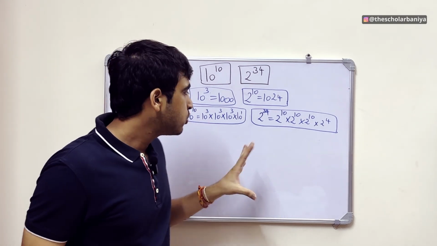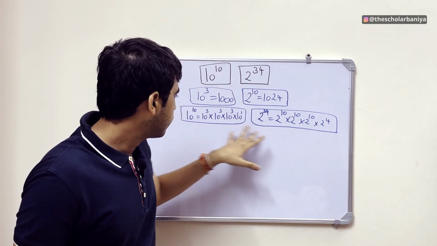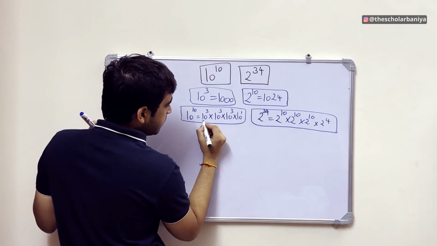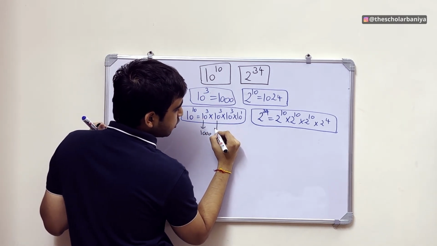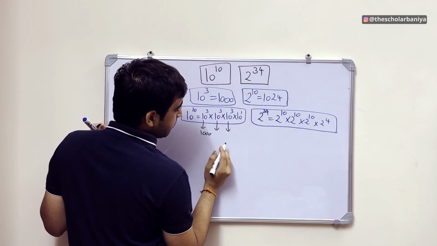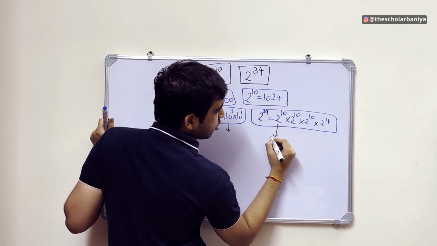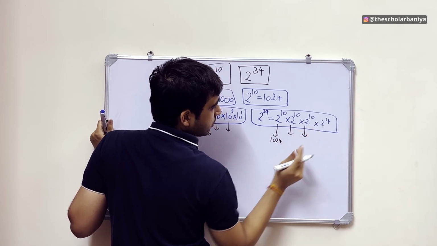Now, what I want you to do is just look at both of these two equations very carefully, right? If you see, this is 1000, 10 to the power 3. This is also 1000, this is also 1000, right? In this, if you see, this is 2 to the power 10, which is 1024. This is also 1024 and this is also 1024, right?